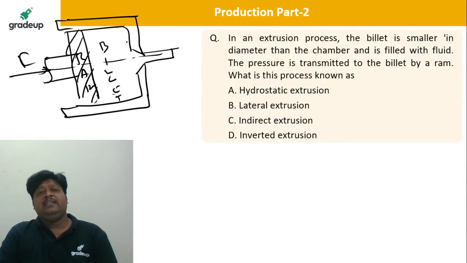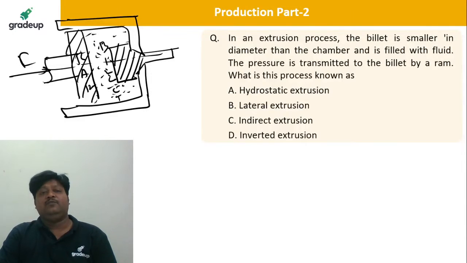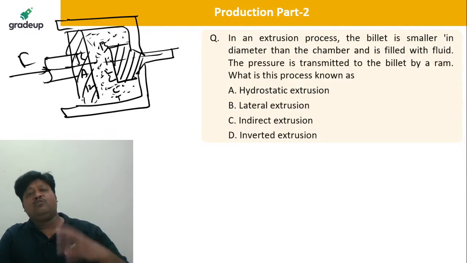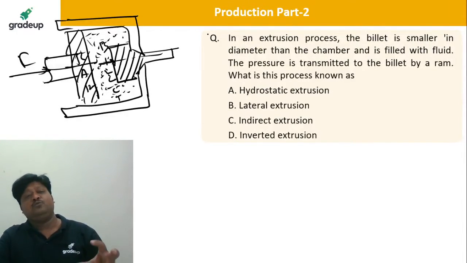And this is surrounded with what? The hydrostatic fluid. So the force provided by the ram is not directly in contact with the billet material, but it passes through the hydrostatic fluid and acts on the billet material. It is known as hydrostatic extrusion.